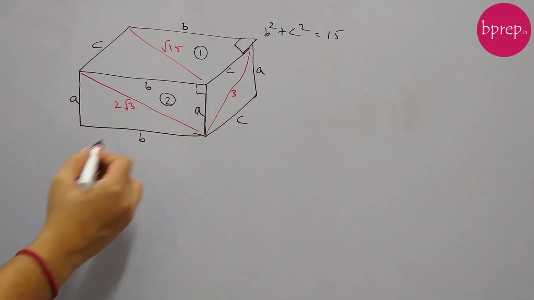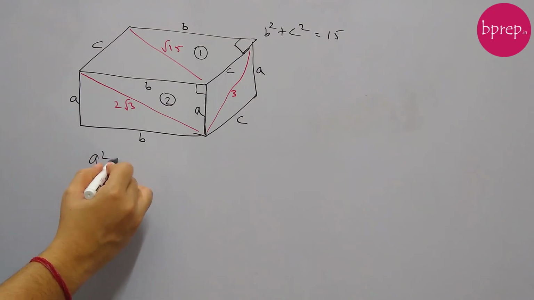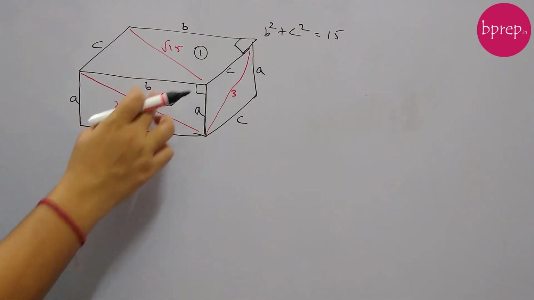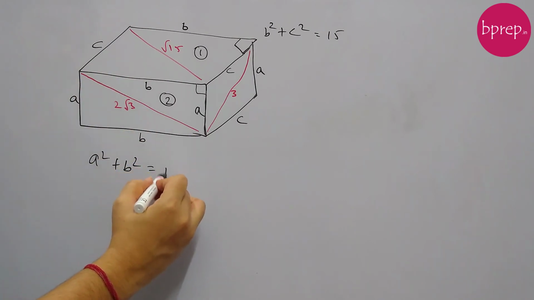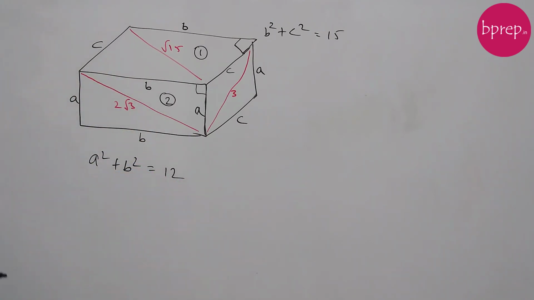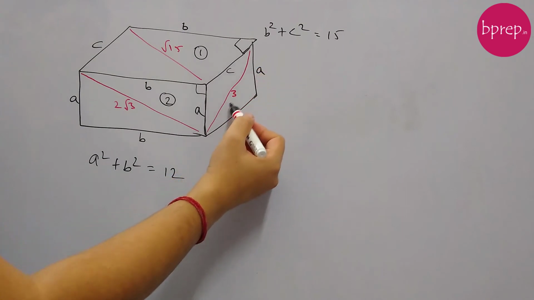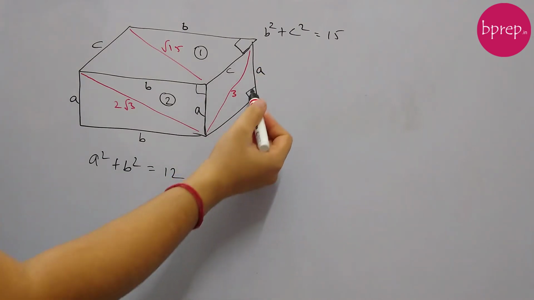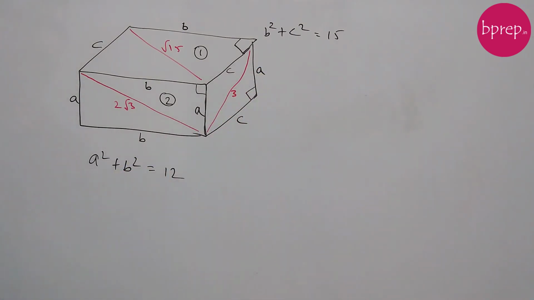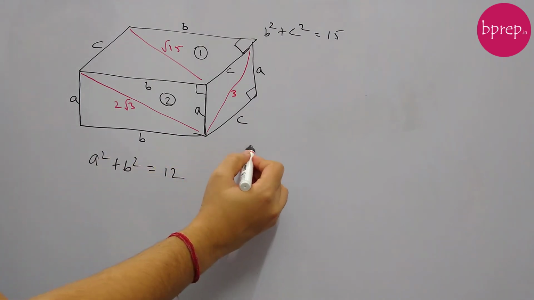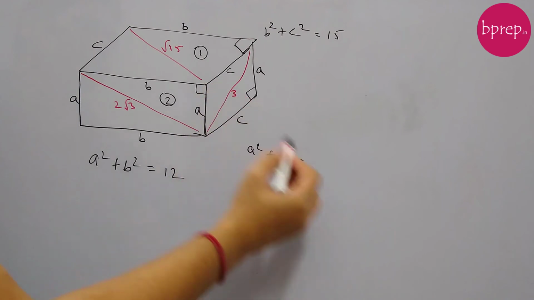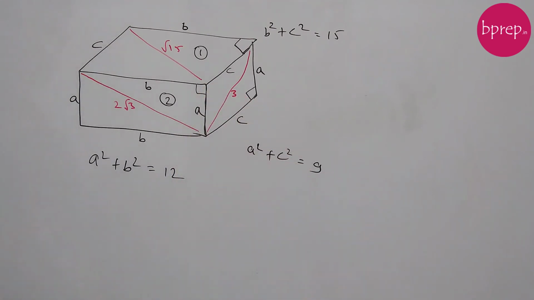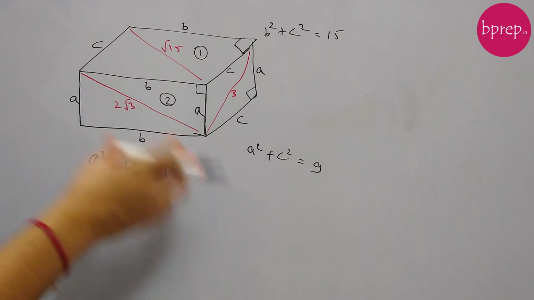So from Pythagoras theorem, we can write a square plus b square equals (2√3) whole square, which will be 12. And now in the smallest triangle, here again A and C are making 90 degrees. So from here we can write a square plus c square will be 9.